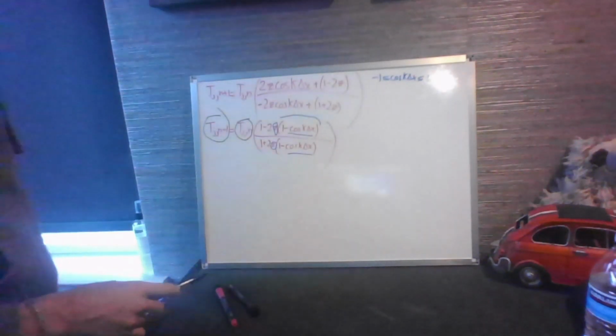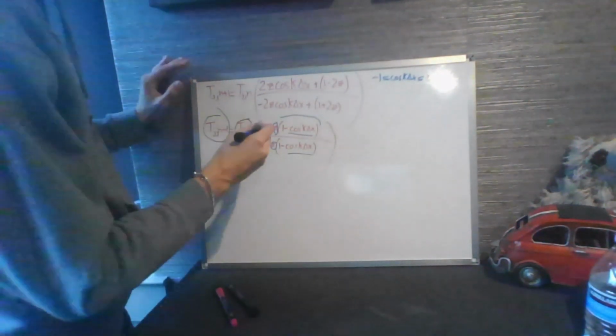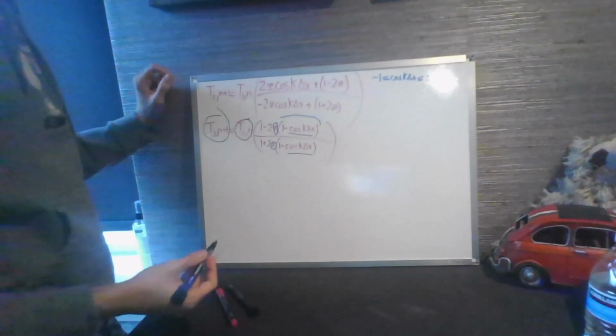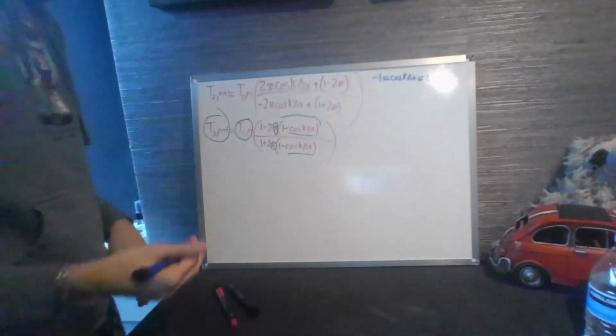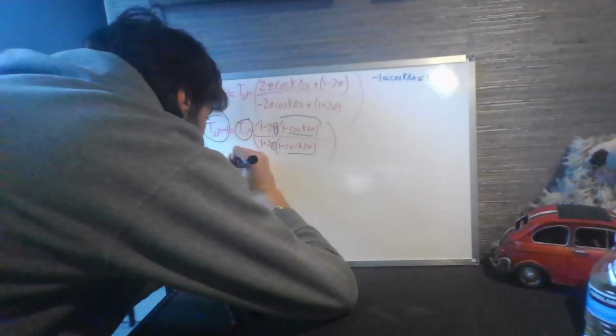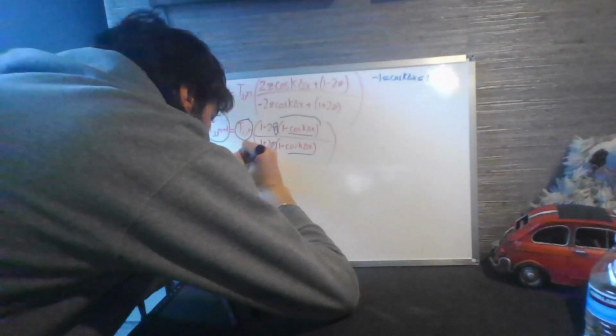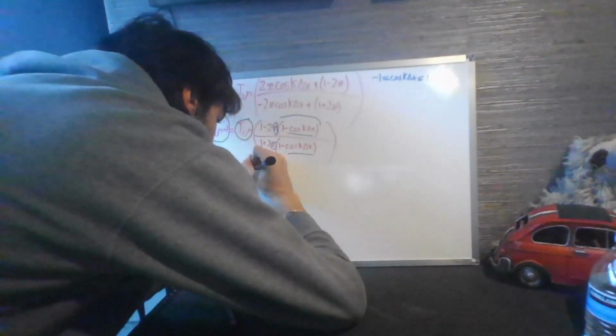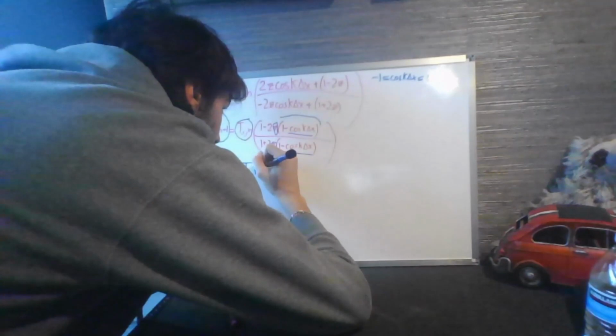So what we can do from here is annotate this whole 2z 1 minus cosine k delta x as a variable, right? I'm just going to go ahead and call this omega, like we were saying earlier. However, this is not the omega yet. Plus 1 is equal to t of j comma n.